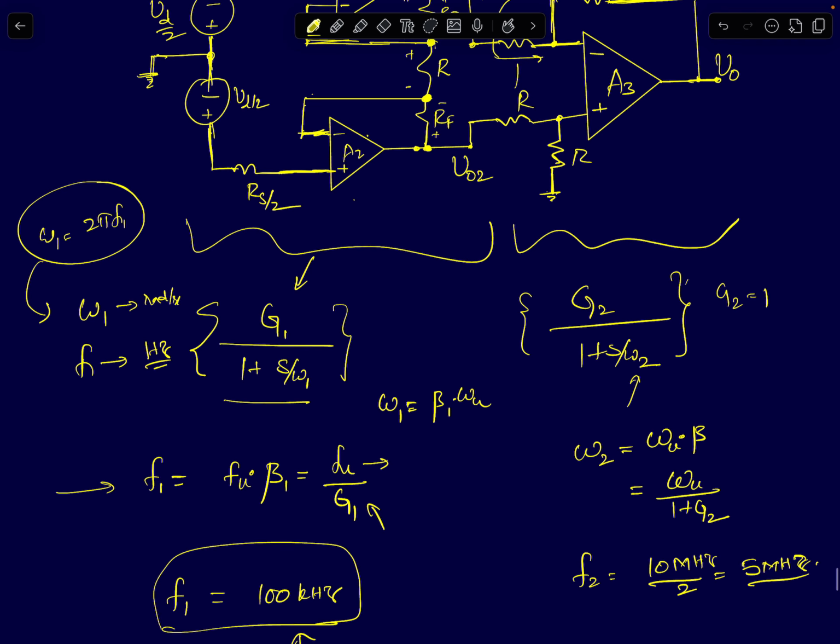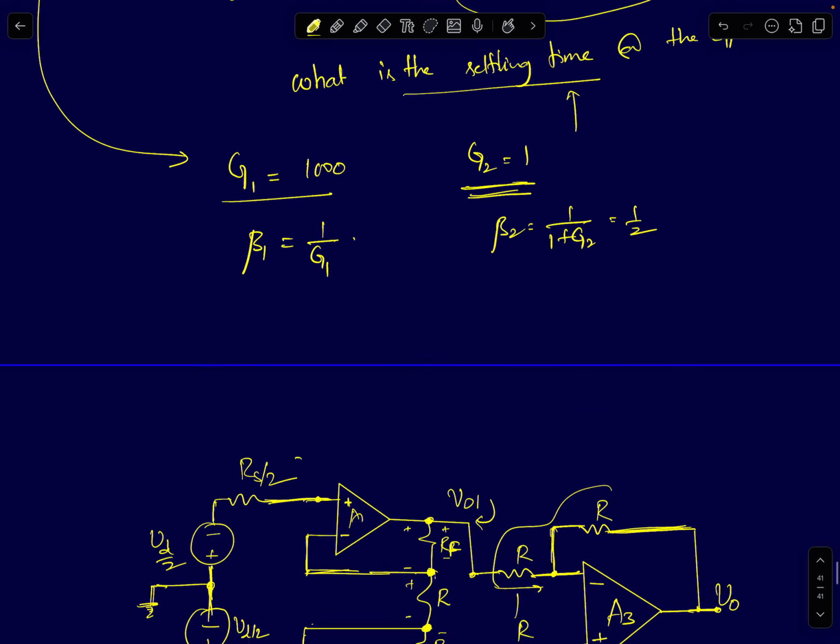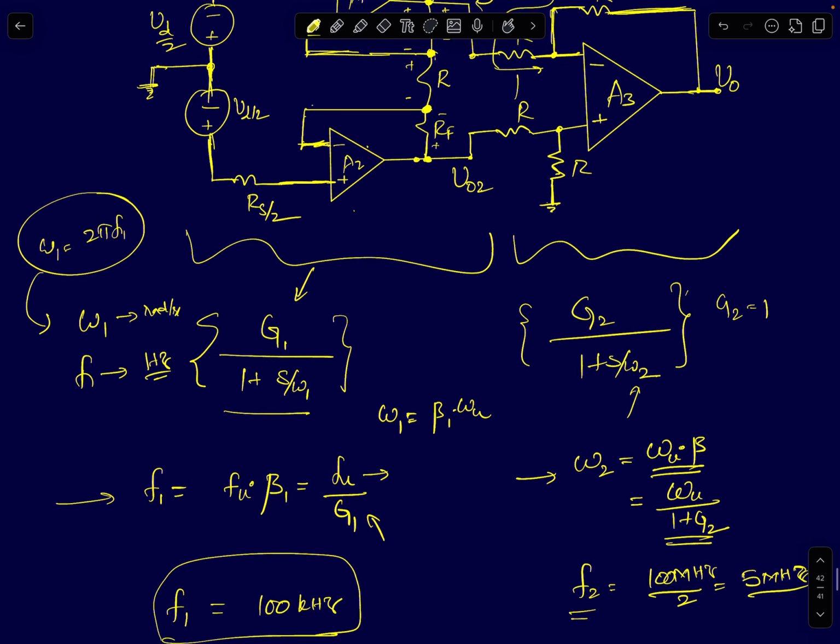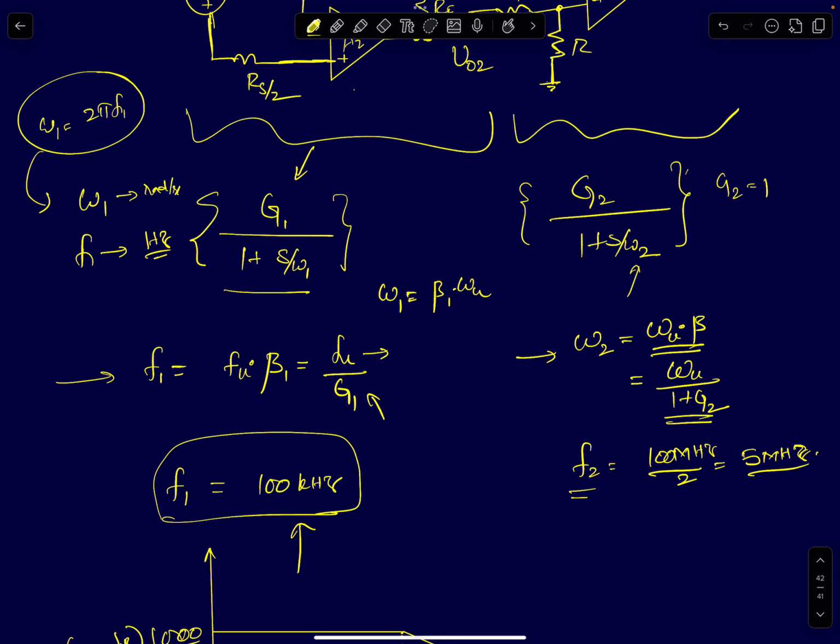So the UGB of the second stage, omega 2, is omega u times beta, which is omega u by 1 plus G2. G2 is 1, so it will be omega u by 2. So F2, the 3 dB bandwidth or the closed loop pole frequency of the second stage, is given by Fu by 2. Since Fu is 100 megahertz, divided by 2 is 50 megahertz.